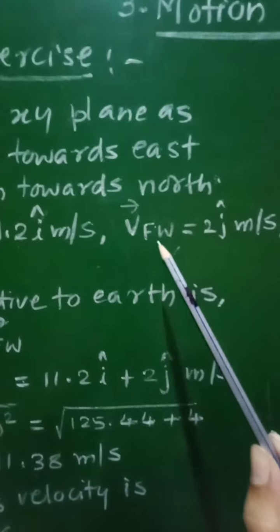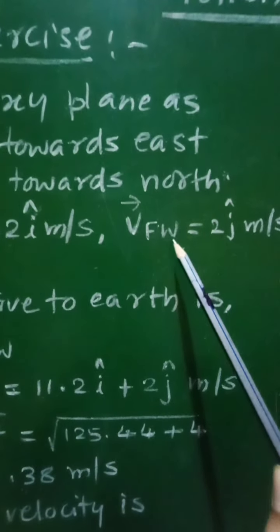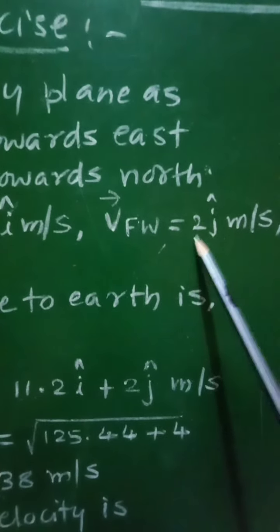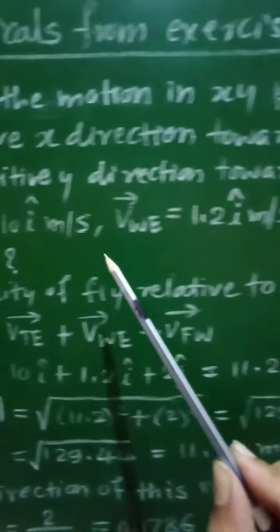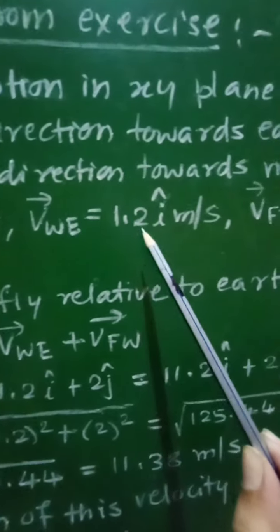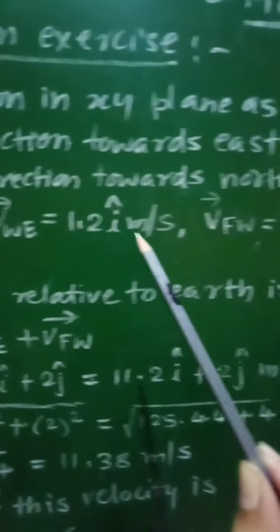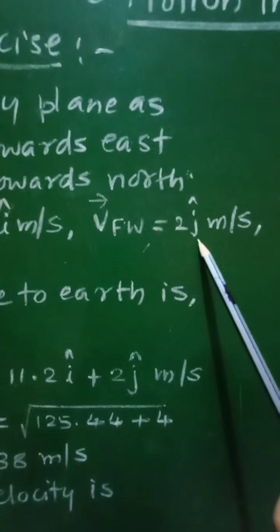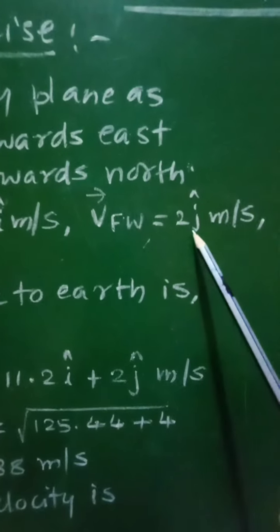Then third velocity is the velocity of fly relative to waiter, that is equal to 2 j cap meter per second. These two velocities are in the east direction, that is along the positive direction of x-axis, and this velocity will be along the positive direction of y-axis, that is towards north.